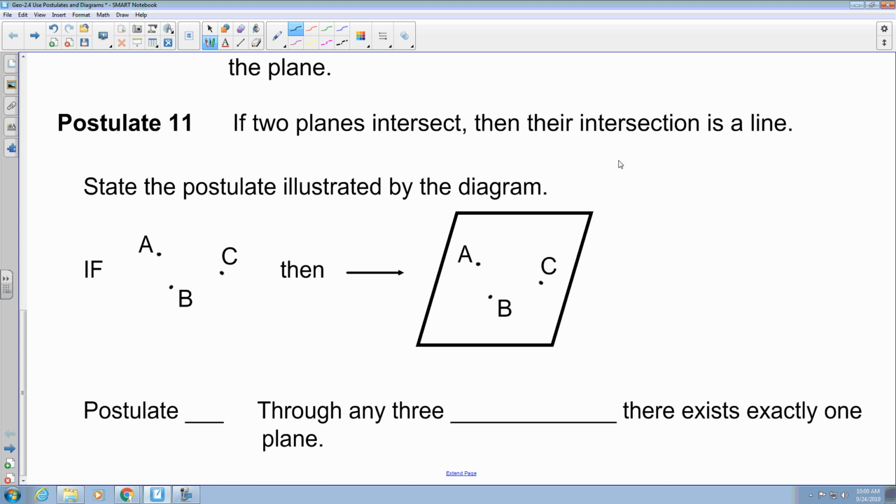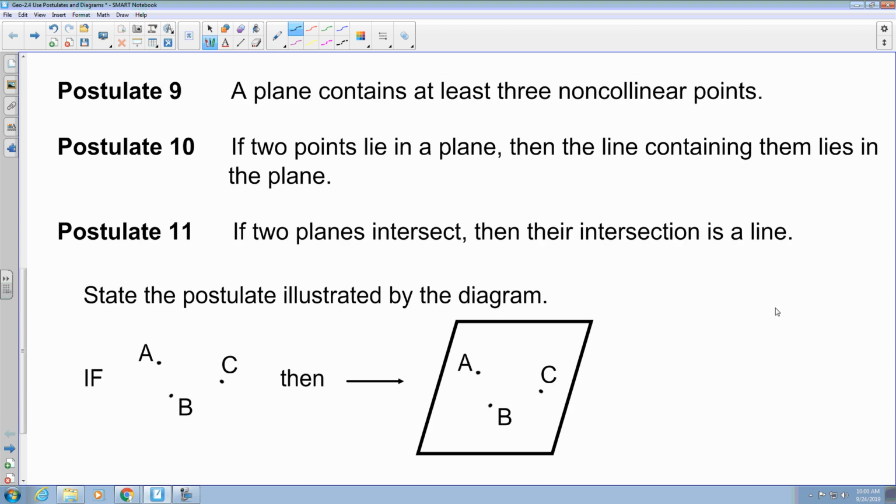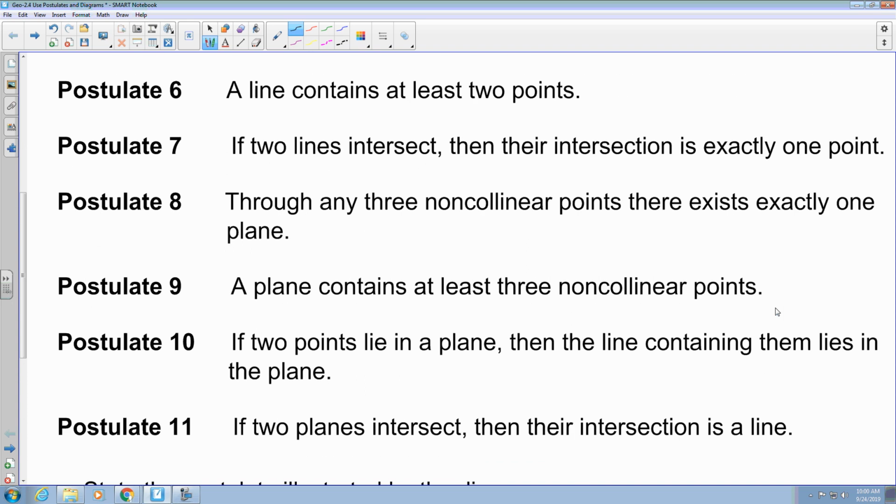So right here it says if we have points A, B, and C, then it looks like we have a plane that contains A, B, and C. The postulate that illustrates this diagram is postulate 8, because it says through any three non-collinear points there exists exactly one plane.